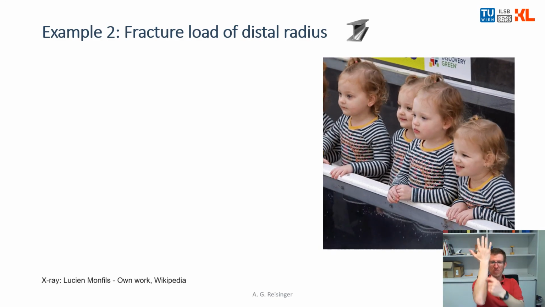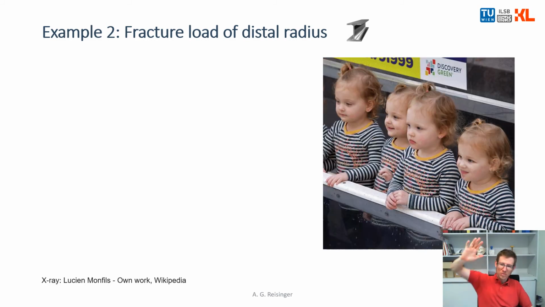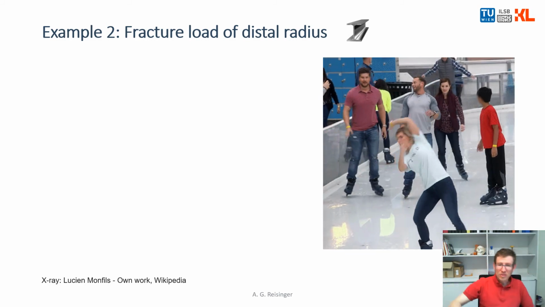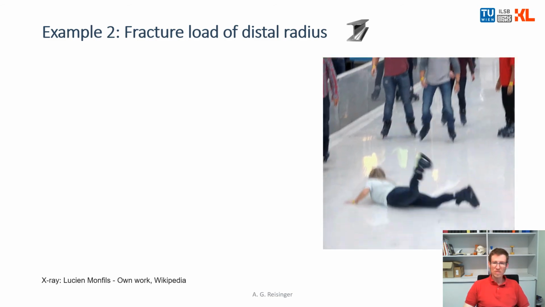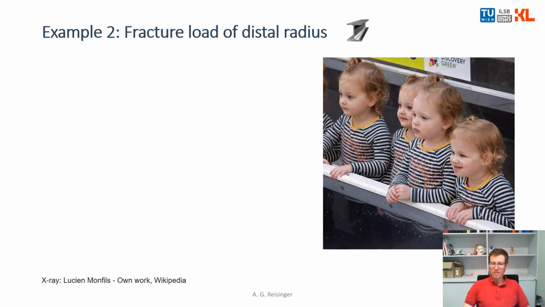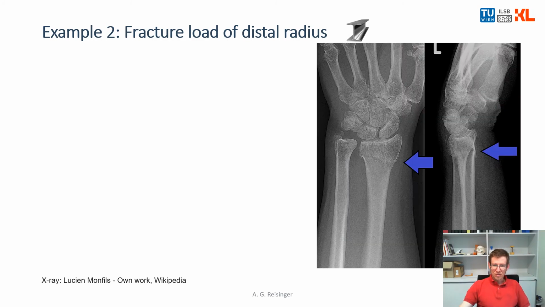So in there you have two bones, one is the radius, and when you have a hit like this, for example in ice skating or snowboarding, you can fracture your radius in a very certain manner. So you see that on the X-ray here.